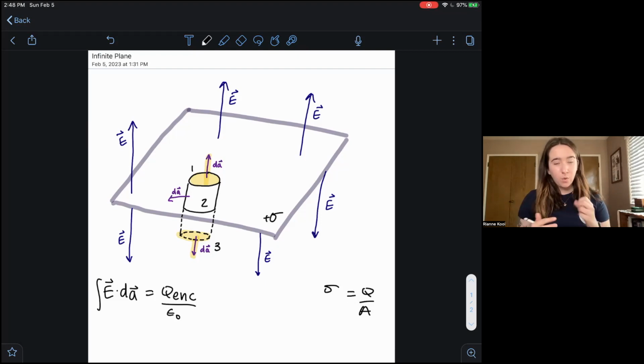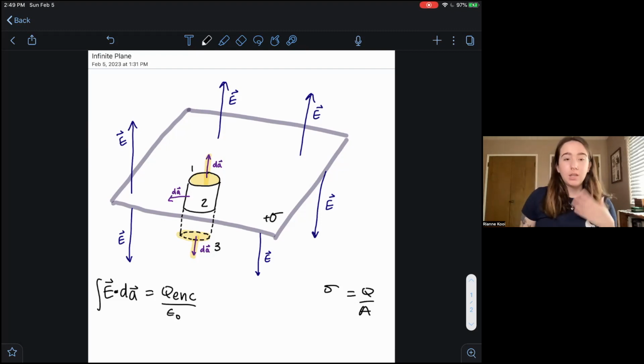And if you don't understand why, just imagine the E field vector. It's pointing straight up, or straight down, and the dA vectors are pointing every way except up or down. So when we do dot products, like we do in Gauss's law, perpendicular vectors do not create a dot product. They just become 0. So that is why we don't really care about region 2 in this case.